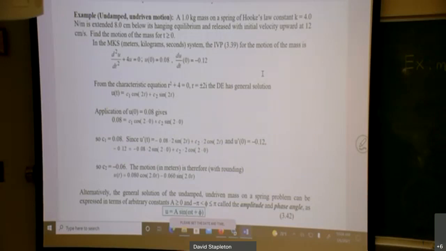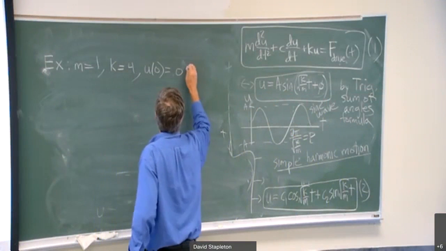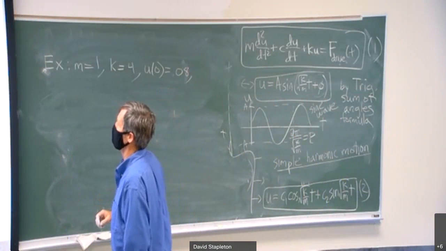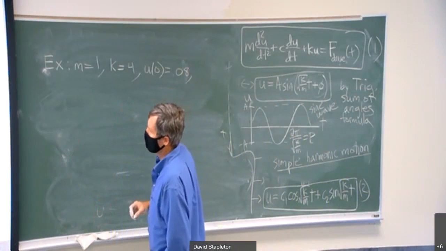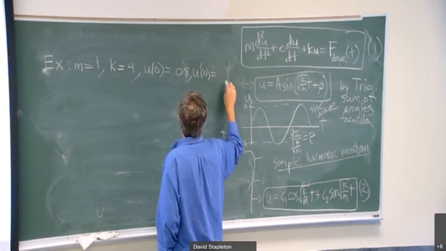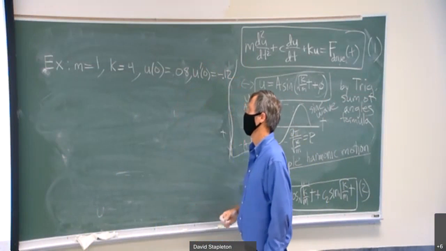And then your initial position, since you pulled it down 8 centimeters and down is positive, is 0.08. I'm going to move the camera there. And then the initial velocity is upward. That makes it negative because it's in the opposite direction of u positive, at 12 centimeters per second. So u prime of 0 equals minus 0.12. There we go. So here's how you do an application.